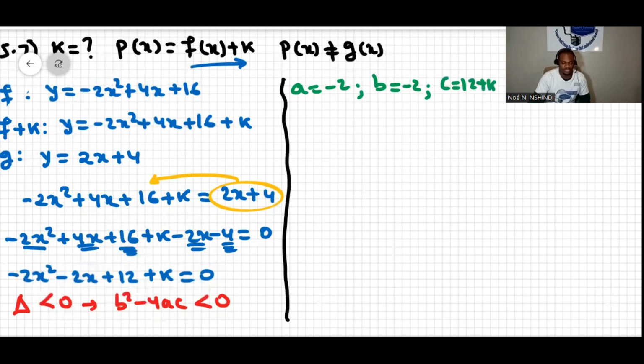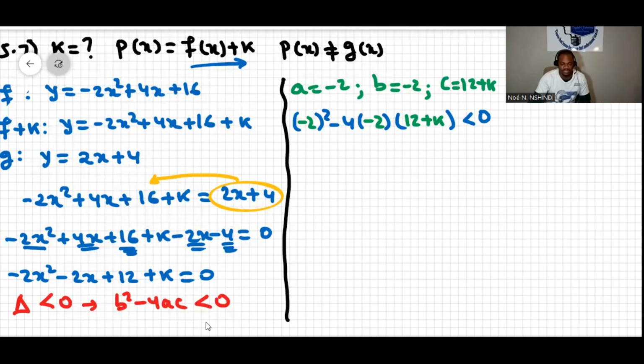So if we want to use that formula of the discriminant, b squared minus 4ac less than 0, so b is negative 2, b squared minus 4a, a is negative 2, and then c is, oh, I won't have enough space for c. Let me just erase this part here, and then 12 plus k, and then this will be lesser than 0.